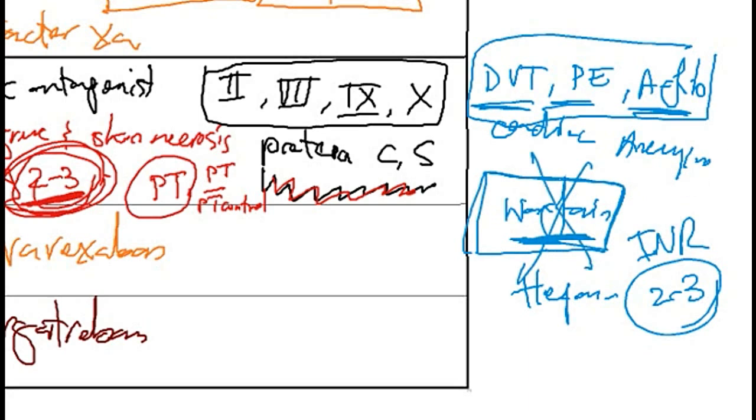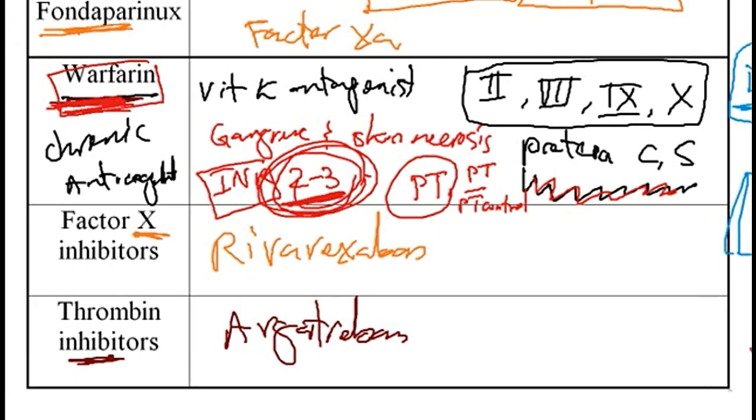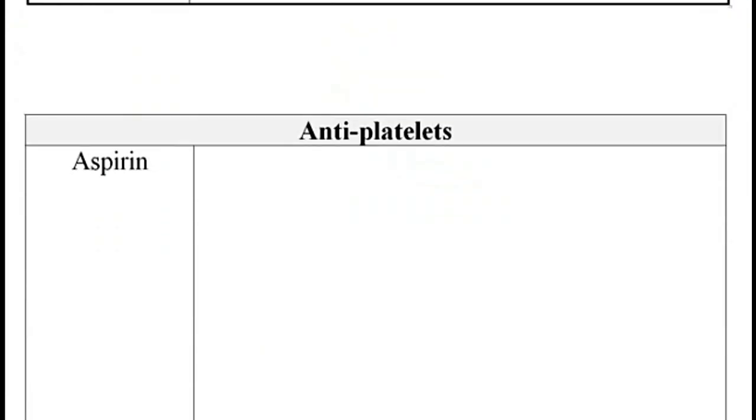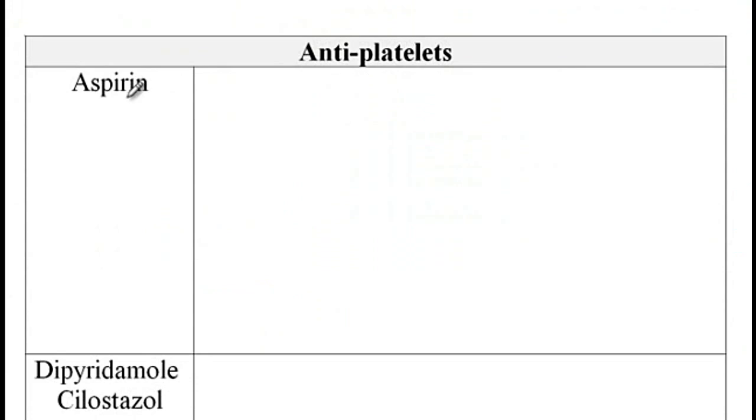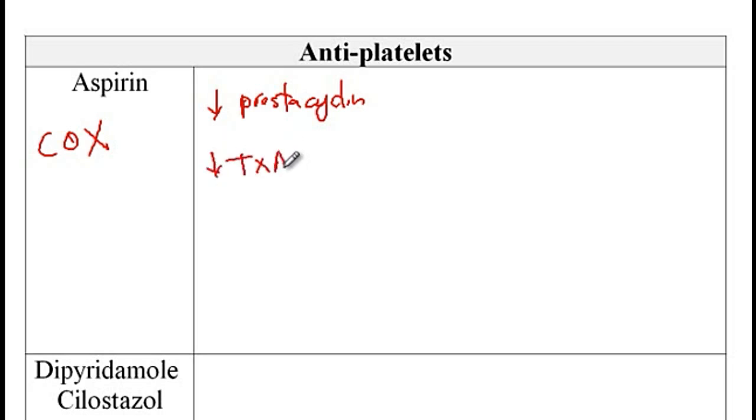And then you can reverse the effects of warfarin by providing either vitamin K or fresh frozen plasma in these patients. Now the next class of medications is antiplatelets, and the first one is aspirin. So aspirin functions by inhibiting the cyclooxygenase enzyme, and once you inhibit that, there would be decreased production of prostacyclin, while there is also decreased production of thromboxane A2.